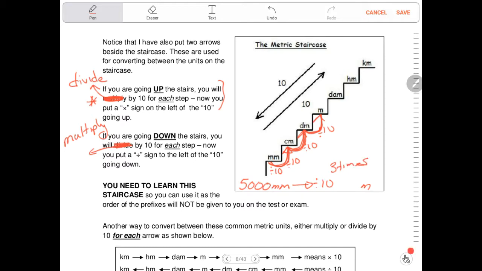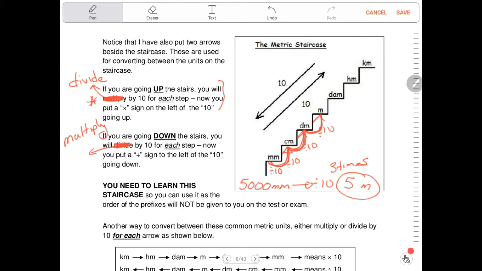So basically what you would do is get your calculator out, and don't get me wrong, there are different ways of doing this. You can go 5,000 divided by 10, divided by 10, and divided by 10, and that would give you 5 meters. You have switched that over properly.